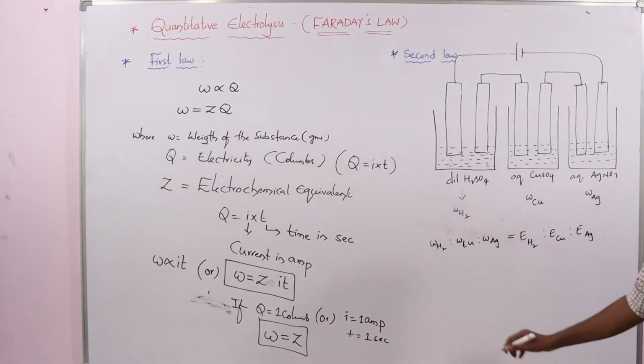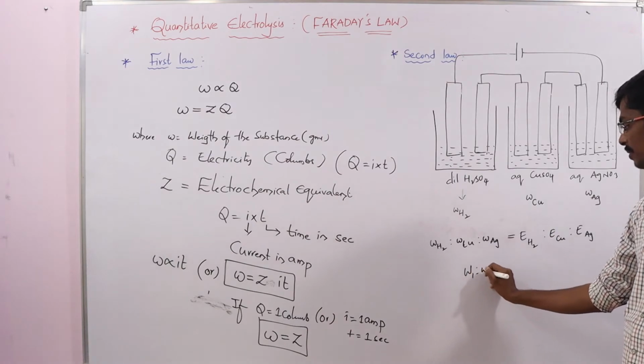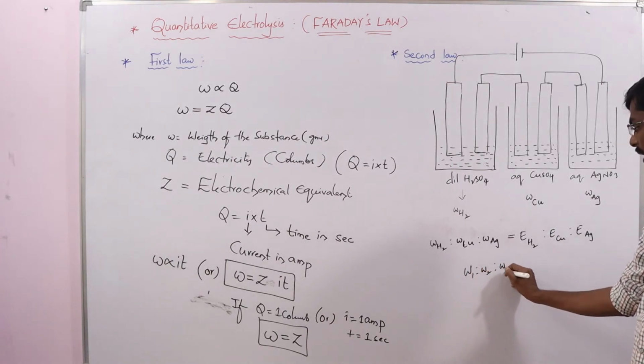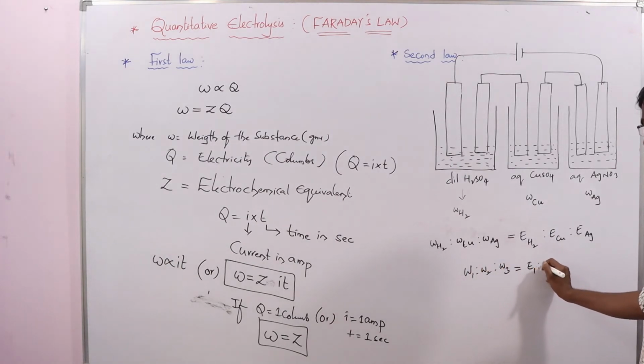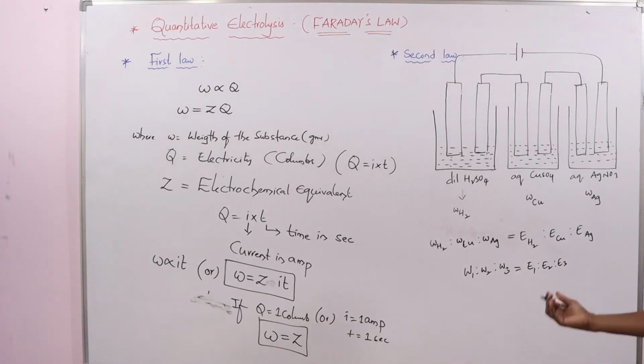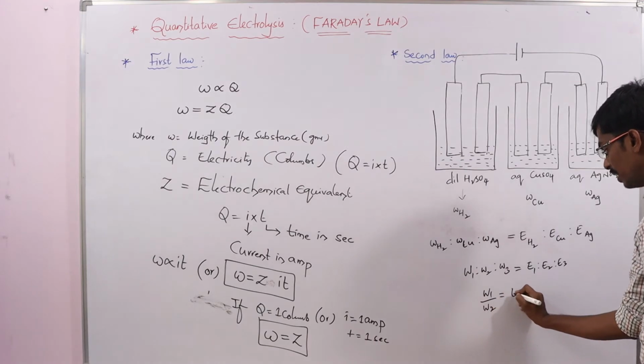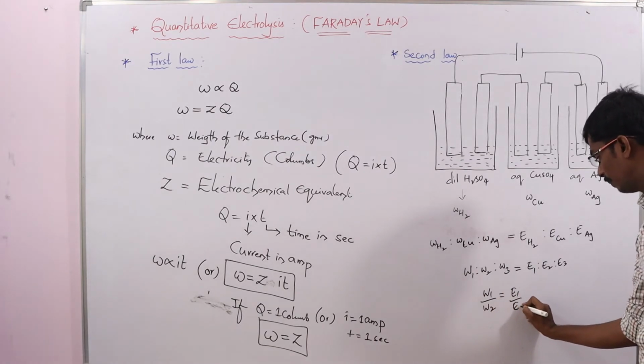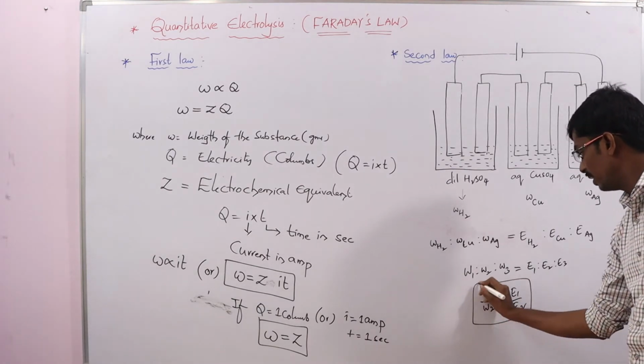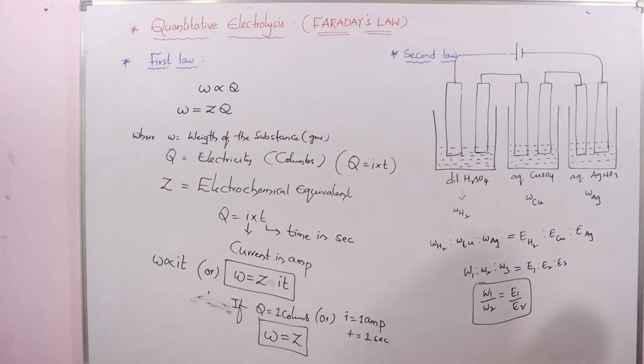So in general, W1 is to W2 is to W3 equals E1 is to E2 is to E3. Generally it is also possible to write W1 by W2 equals E1 by E2. So the relation I am giving here is W1 by W2 equals E1 by E2.